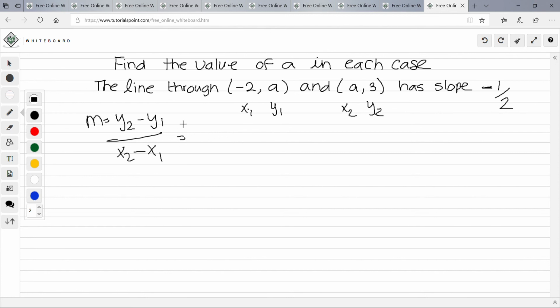So slope is, okay, y2 is 3 minus y1, which is a, and then x2 is a minus x1, which is negative 2. So this is 3 minus a, and then a plus 2, because 2 negatives is a positive. We said our goal is to find a, and then this should equal negative 1/2.